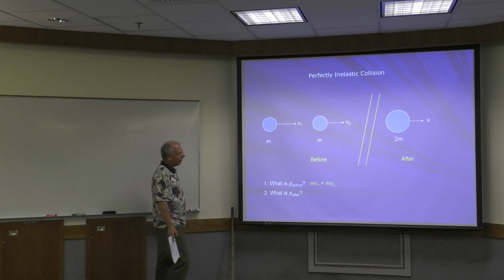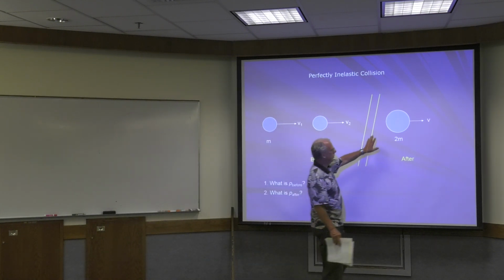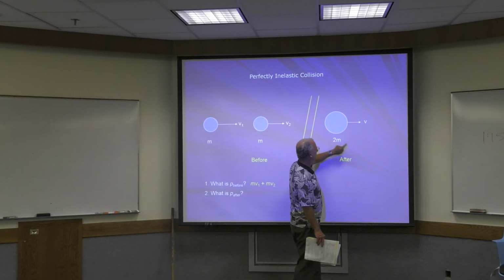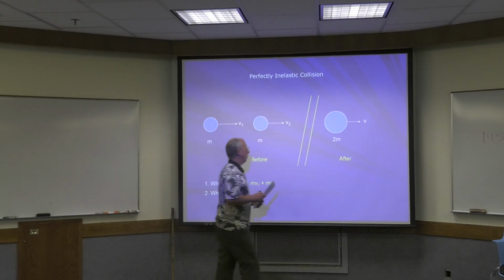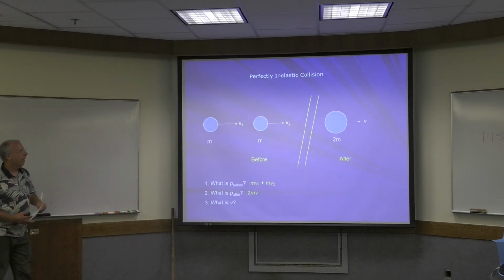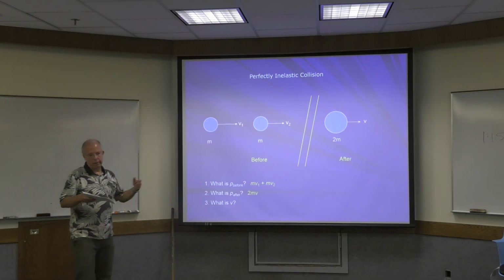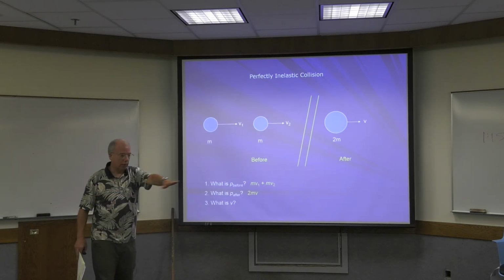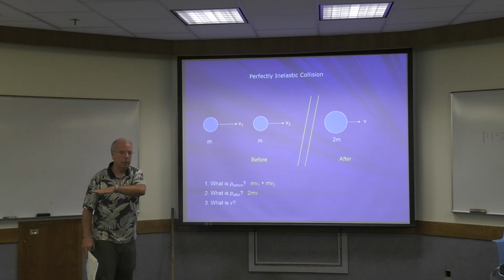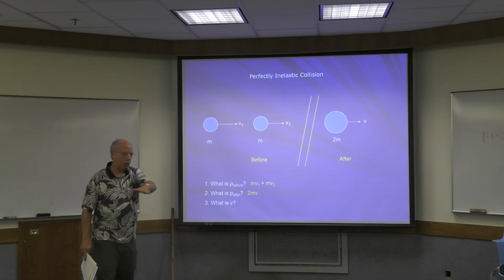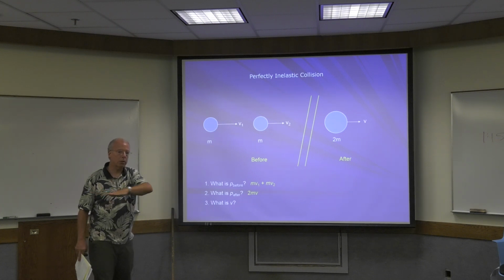What's the momentum after? Well, we just have this one object now because they joined, right? And momentum is just 2m times v. So the momentum after is just 2mv. Now, we're assuming that this is, let's say, in the air along the horizontal plane. So we have an isolated system along the horizontal plane. That means the momentum along the horizontal plane is conserved.